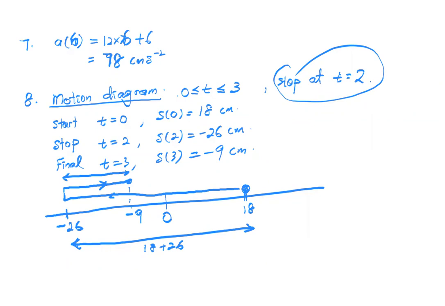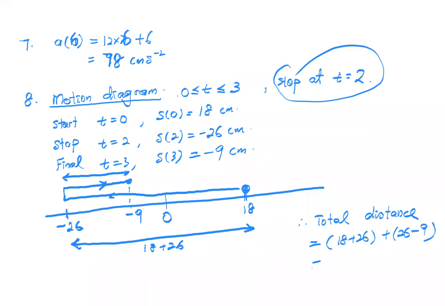So therefore, total distance traveled: you look at the motion diagram, then you find the answer. 18 plus 26 plus 26 minus 9. It's up to you how you want to count.